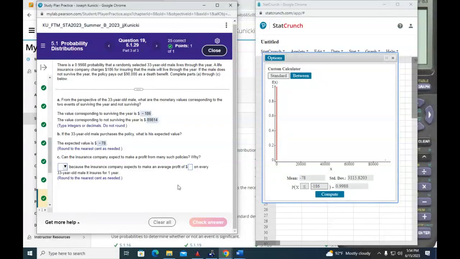That's what the company's going to keep, because that's what you're losing. In other words, the company gets $78 of each 186. The remainder is 108. That's what goes toward the death benefit for whoever dies.